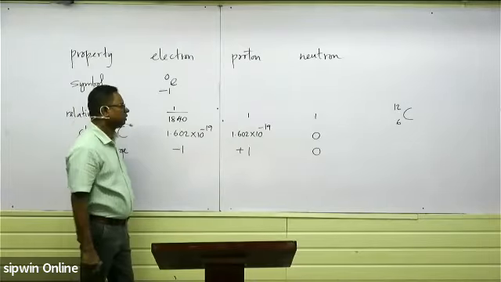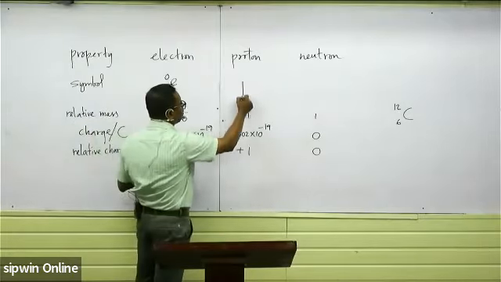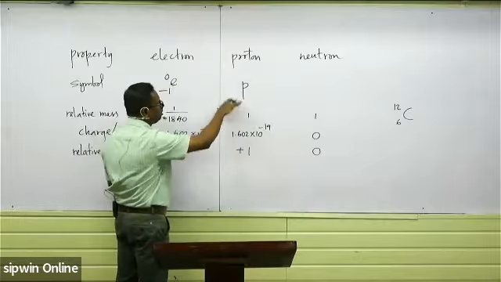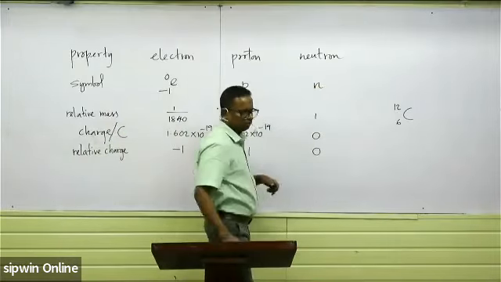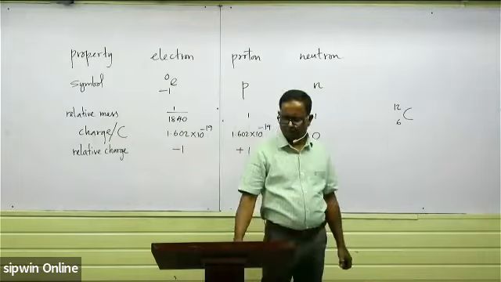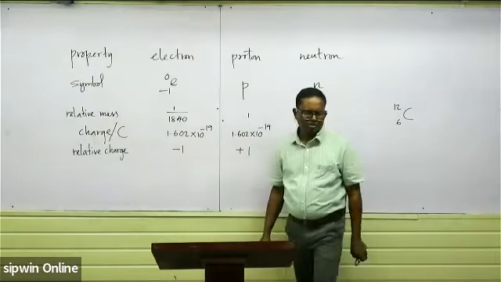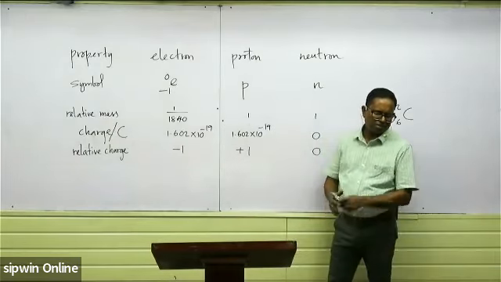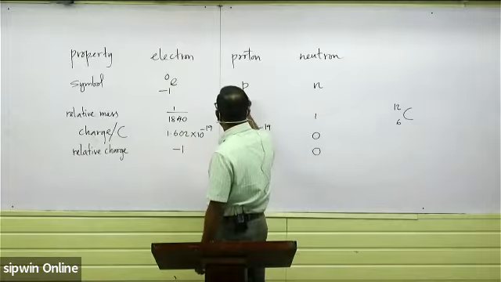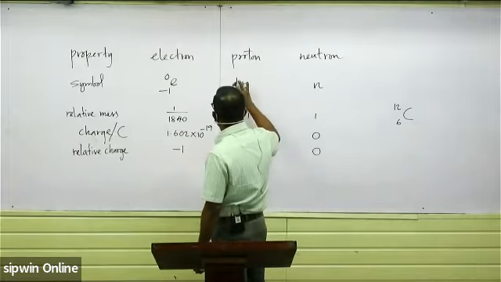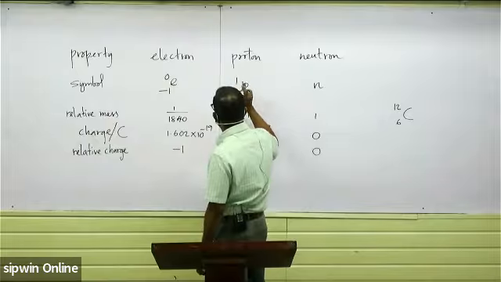-1, 0. Then the proton, with that idea, simple p, and simple n for the neutron. Proton: charge plus 1, mass 1. So plus 1, 1. You will need this later to balance nuclear reactions, when writing nuclear reactions.